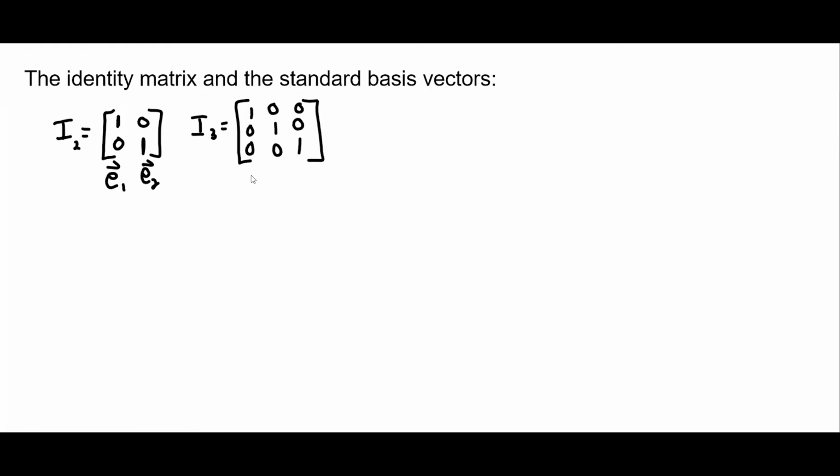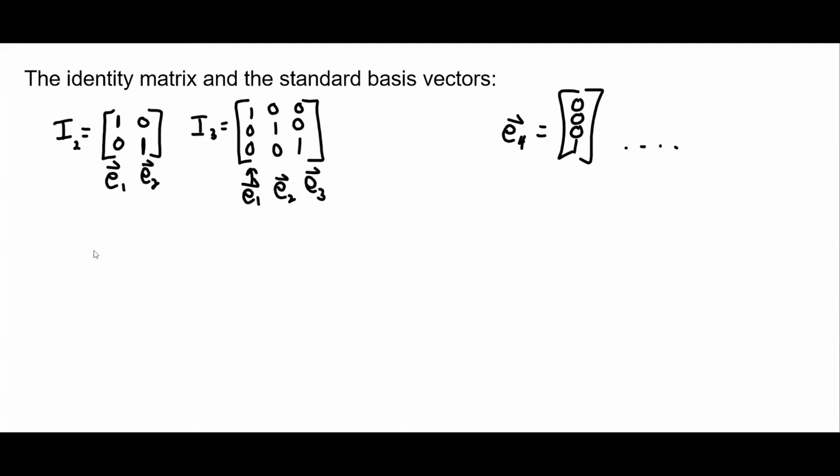And in 3 dimensions, (1, 0, 0) would be E1, and then (0, 1, 0) would be E2, and (0, 0, 1) would be E3. And in R4, you'd have an E4, and it would be 3 zeros and a 1, right? And on and on and on it goes.